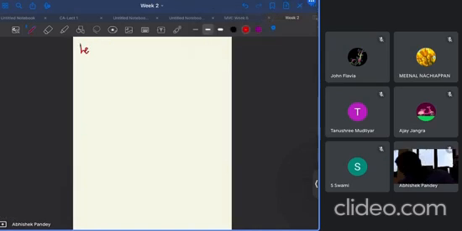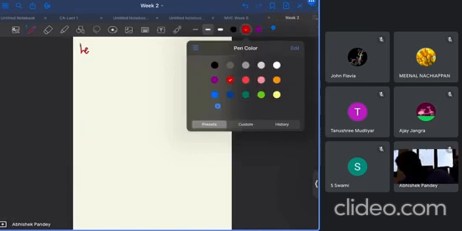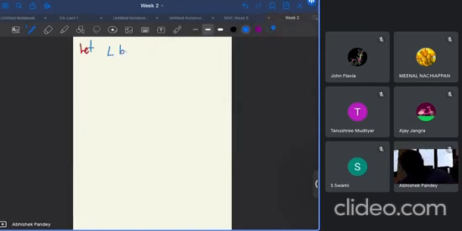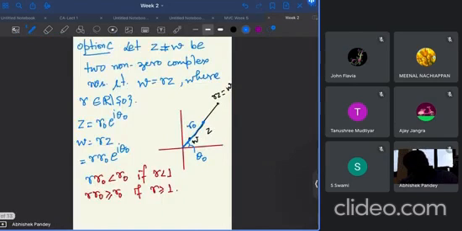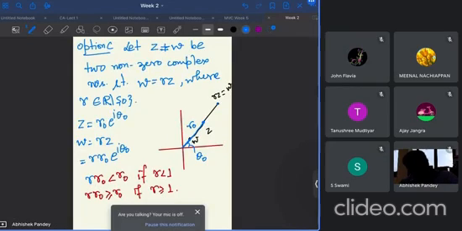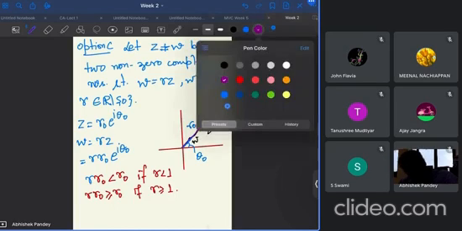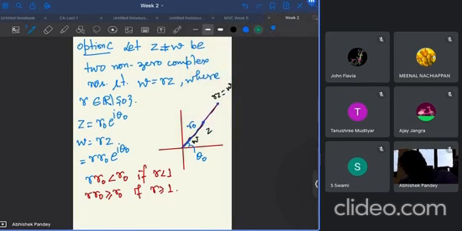Now let L be the line joining 0, W and Z. So what is your L? Either L will be this full one, or L will be only this one, which I write in green.